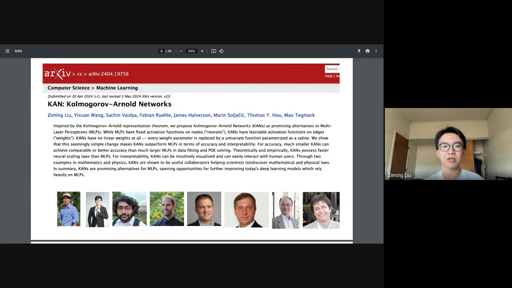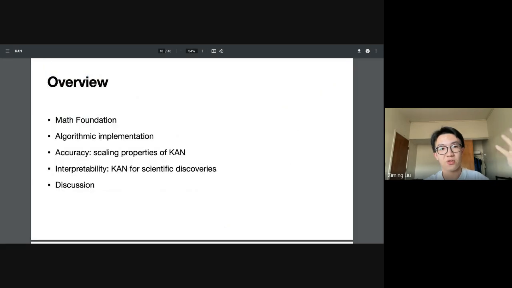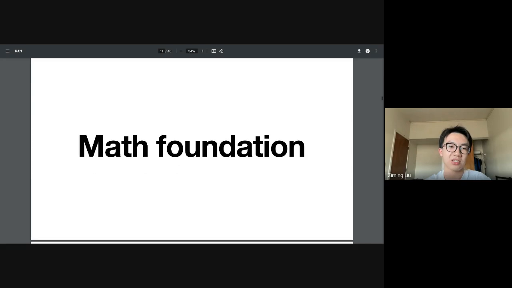So with the can-do spirit, my collaborators and I extend this theorem and propose this new architecture called Kolmogorov-Arnold networks. First I will introduce some math and then some algorithmic implementation, followed by two good properties of KANs, one being accurate, one being interpretable, followed by some discussion.